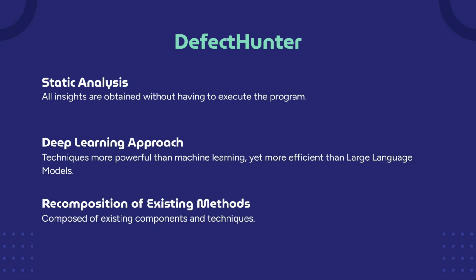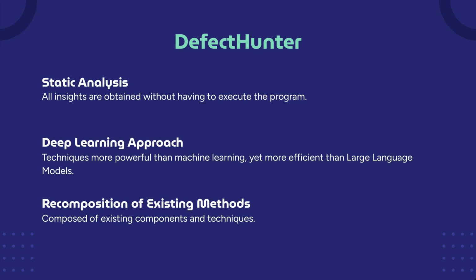While large language models, LLMs, like GPT-4, enhance semantic processing, they can be limited by their resource-intensive nature. Deep learning models, like the one introduced in DefectHunter, strike a balance by providing strong predictive performance with greater efficiency and lower operational costs compared to LLMs.